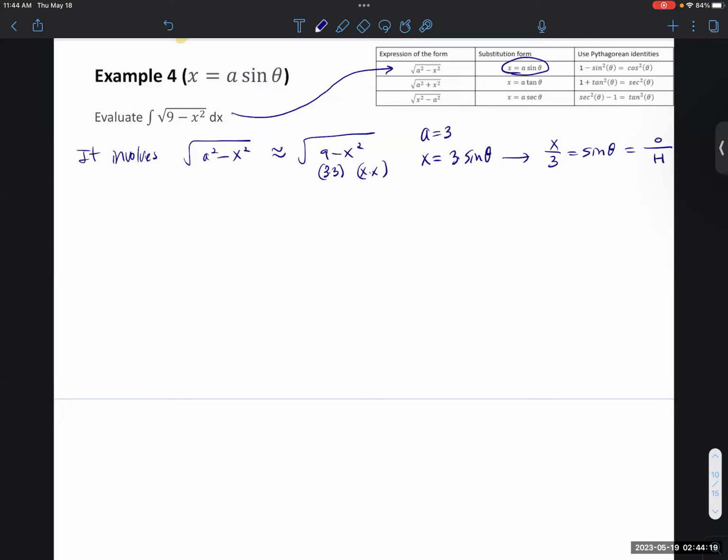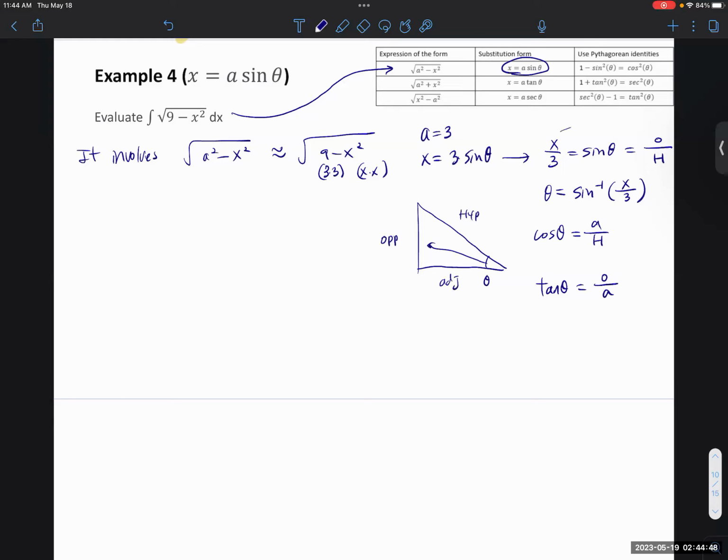So you can also find out theta is sine inverse of x over 3. So according to the Pythagorean theorem, you can find out all the information. Cosine theta, SOHCAHTOA, and then you can find out the tangent theta, opposite over adjacent. So let's find out. So this is going to be the opposite, hypotenuse, adjacent.